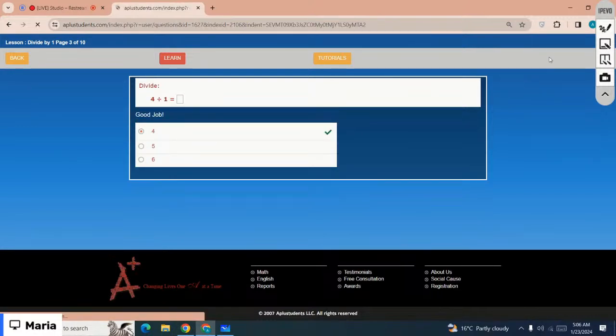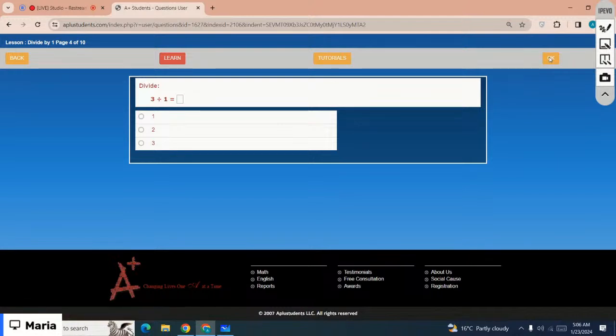The next one is 3 divided by 1, which is the correct option? Yes, 3 divided by 1 equals 3. The correct option is 3.